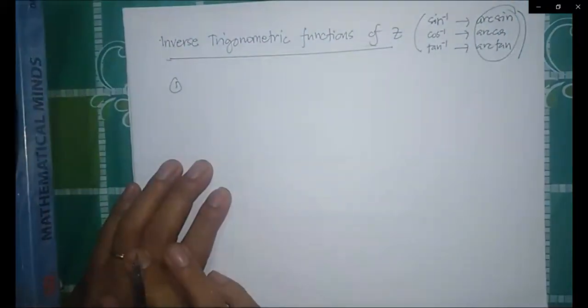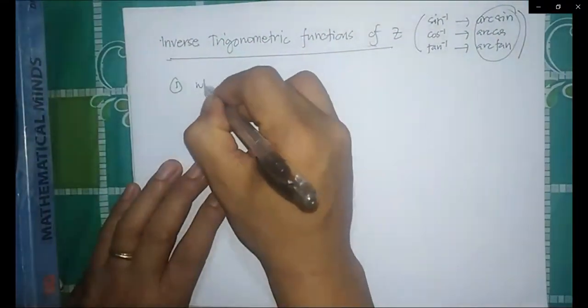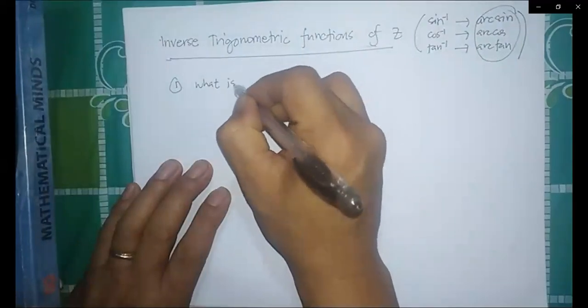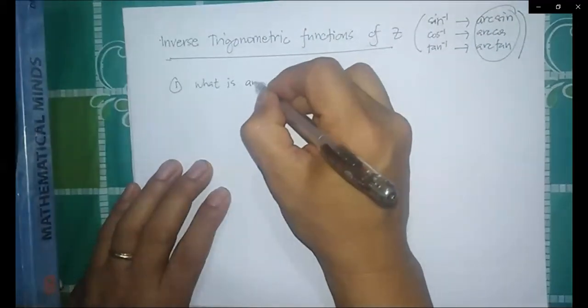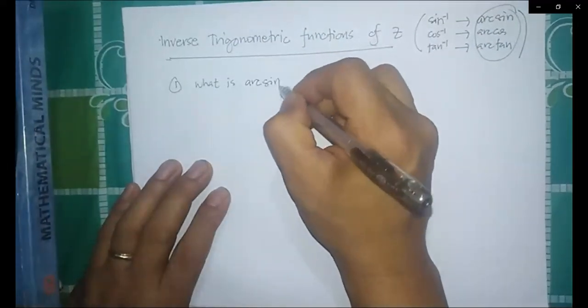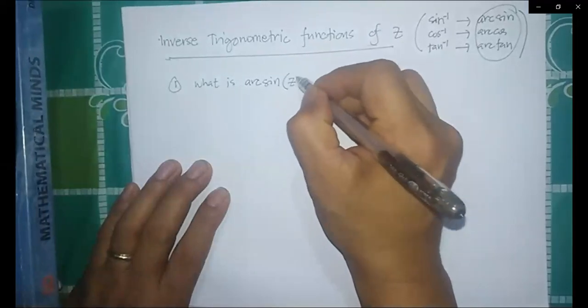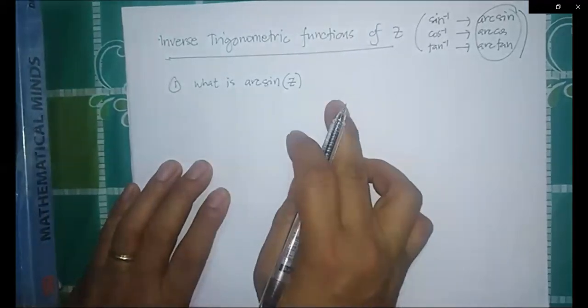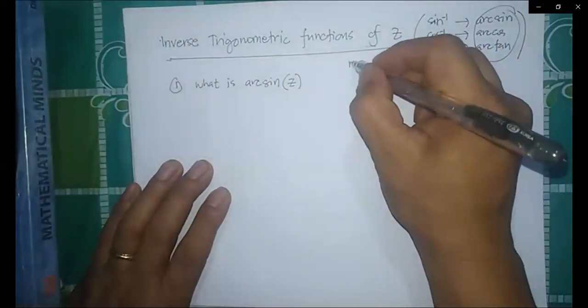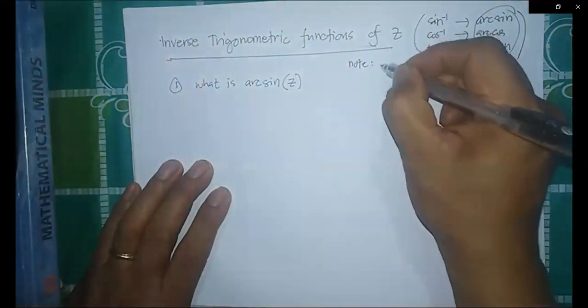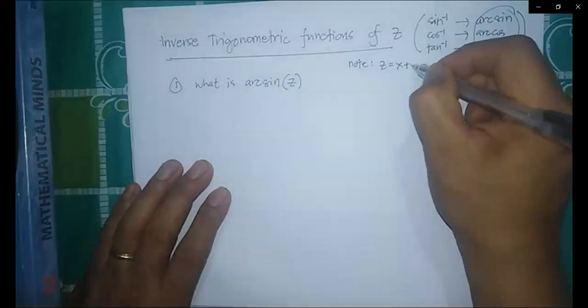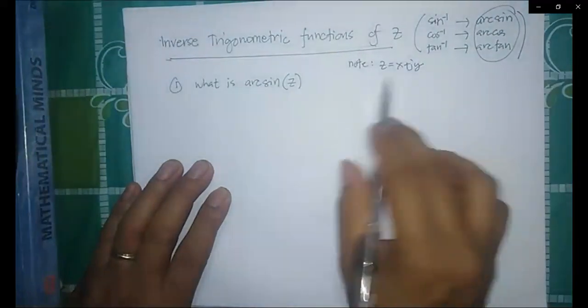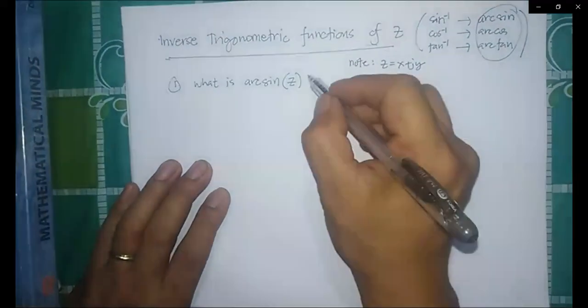So, problem number 1: what is the value of the arc sine of the complex number z? That's a big question. So take note that z is equal to x plus jy. So that is a complex number, x plus jy.